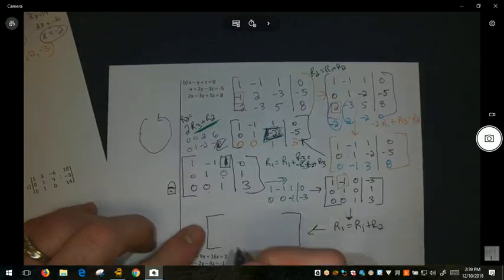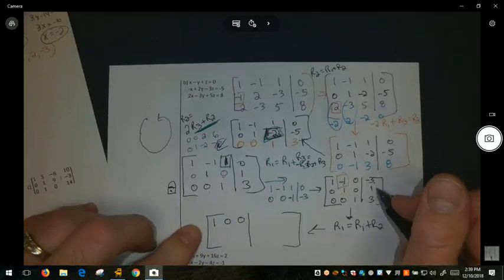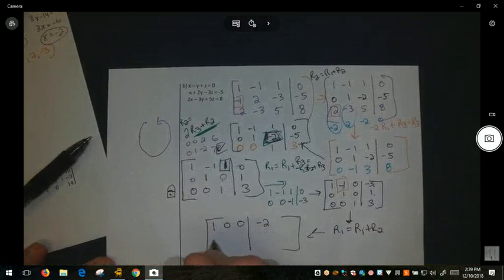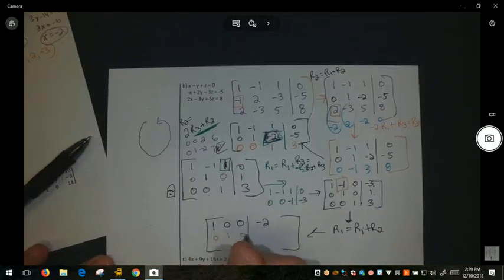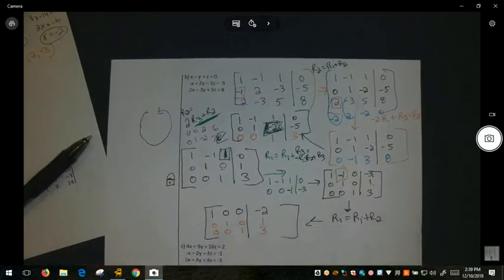So my new row 1 will become 1, 0, 0. Negative 3 and 1 is negative 2. And I have locked the other numbers, which were 0, 1, 0, 1, and 0, 0, 1, 3.